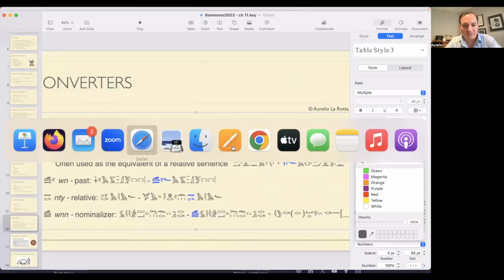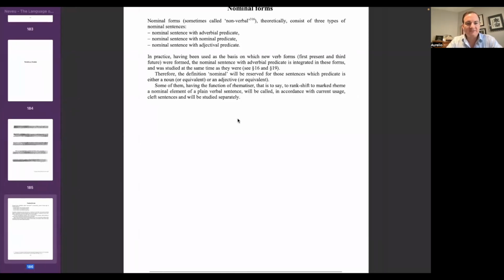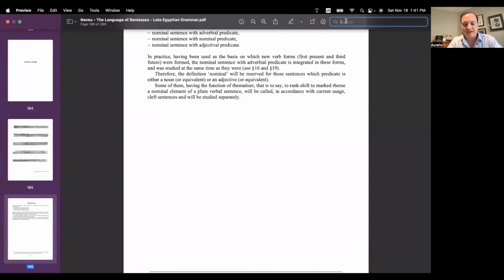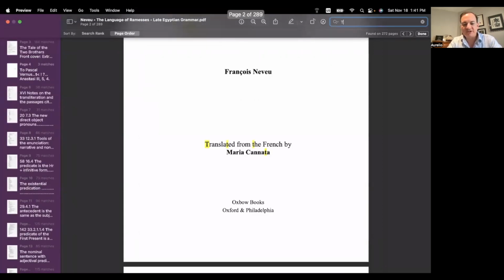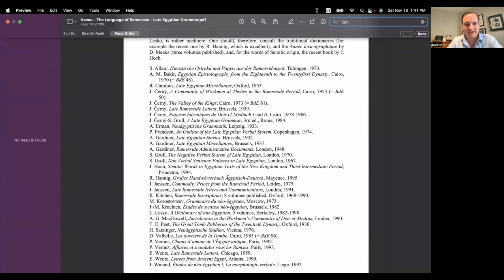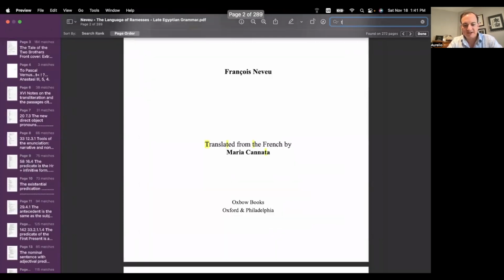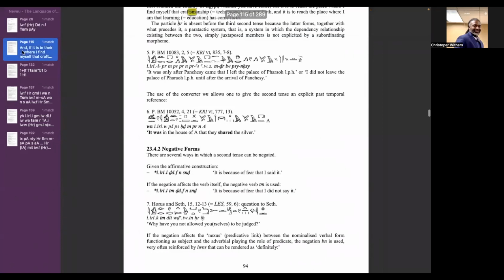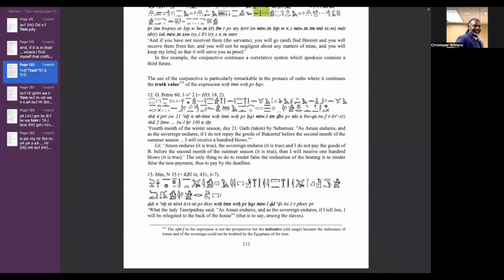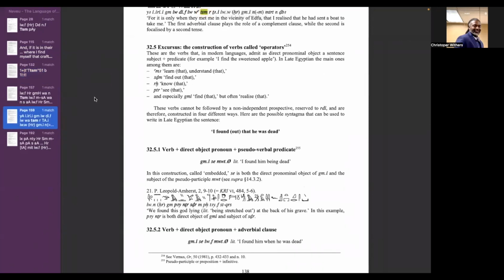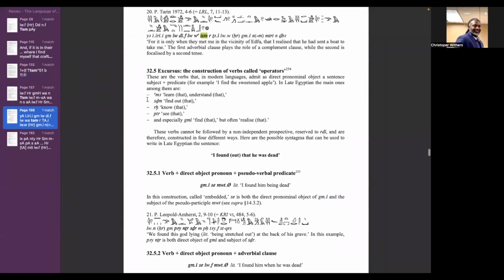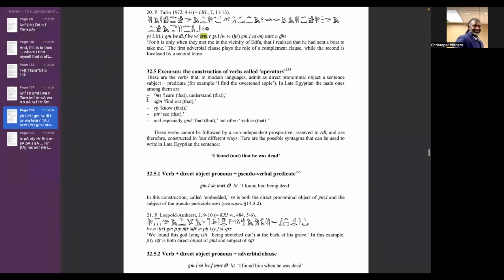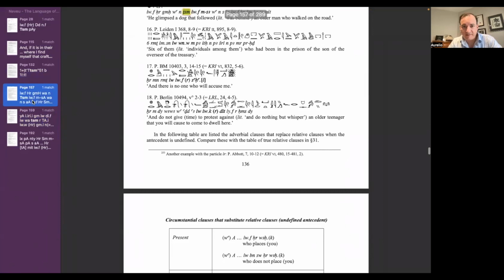I should have the book open here somewhere. There you go. Easy enough. Chisholm is probably the easiest way to find it. Nope, that doesn't work. That's not it.